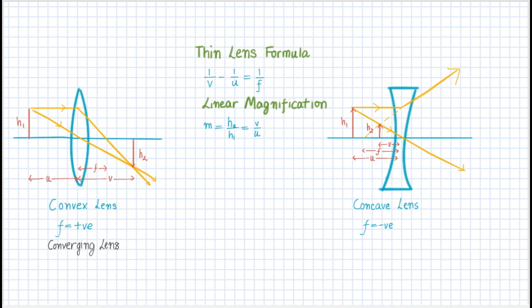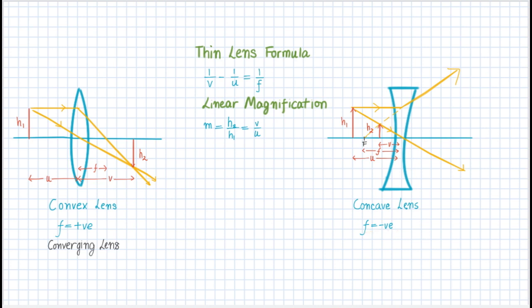So don't get confused. Similarly, look at your concave lens. In this case, what you notice is that the light after refraction bends away. It moves away, or I'll say it diverges. Diverges from which point? This point F. In this case, your focal length is negative.